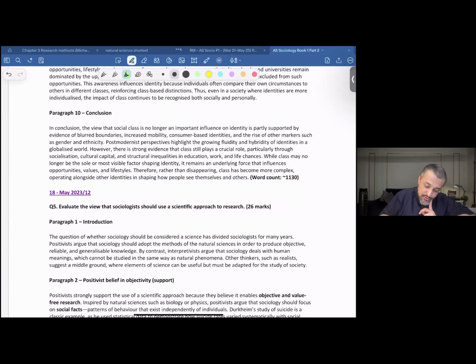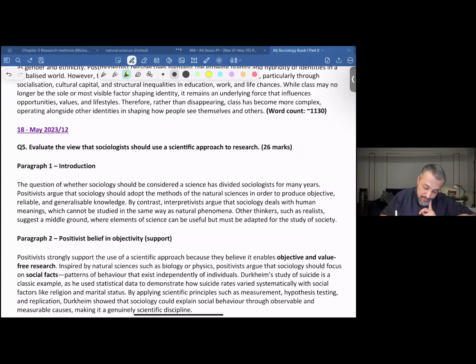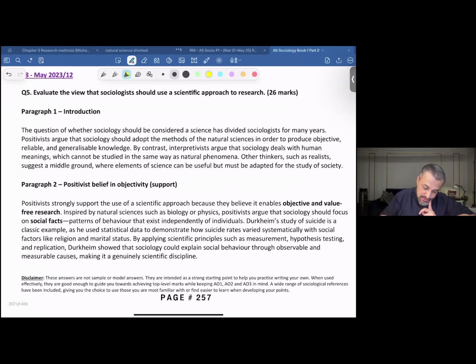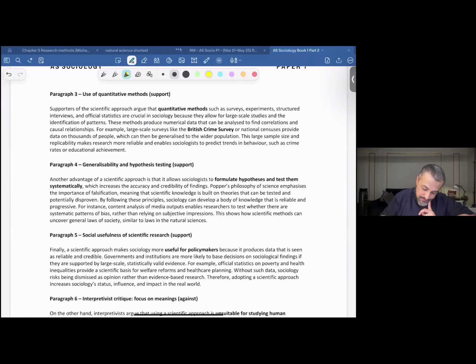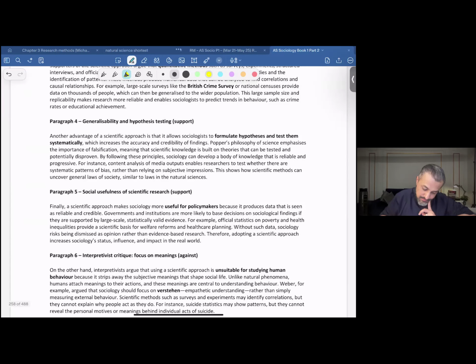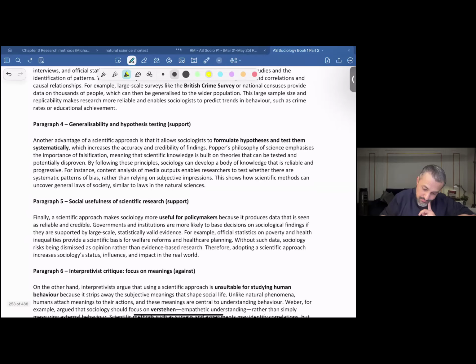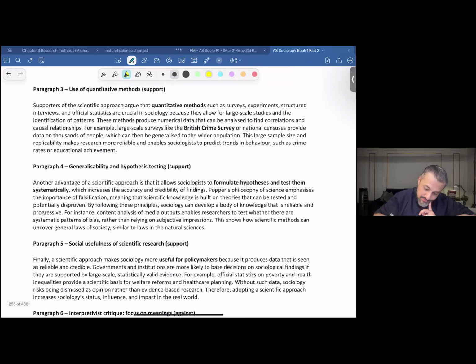Evaluate the view that sociology should be scientific, should use a scientific approach. You see positivism. Here, Popper's philosophy.